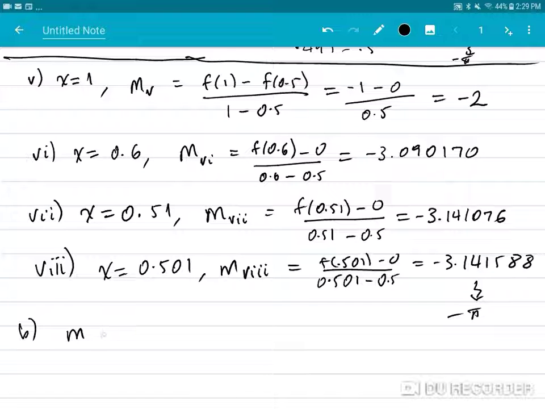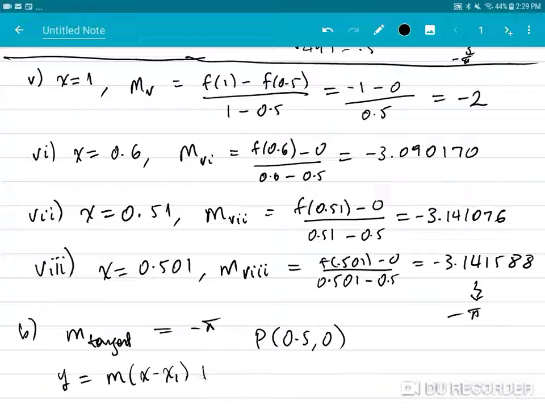So assuming that the slope of the tangent line is minus pi, and the point is (0.5, 0), I will write the equation m times (x minus x1) plus y1, which is minus pi times (x minus 0.5) plus 0.